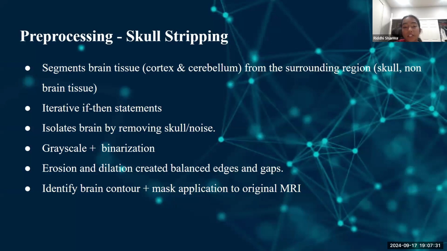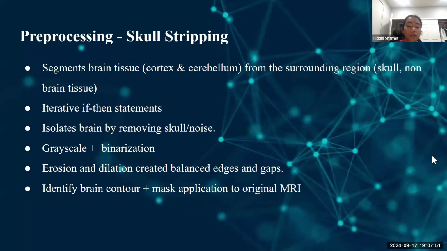So the overview of the skull stripping process is that it goes to binarization through adaptive Gaussian thresholding. Then the two images are created to overlay on top of each other for contouring. Then there's a process of mask and marker creation. And once we overlay the mask and the marker, the contouring is created.